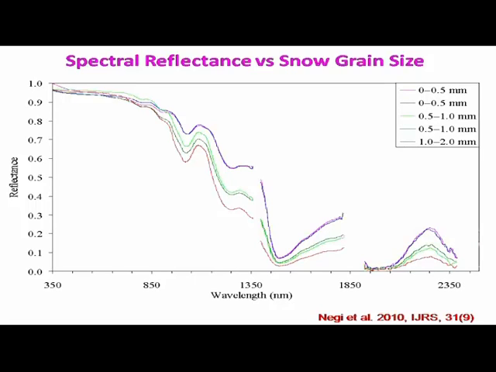Secondly, what we have observed in the SWIR region, that is from 1600 onwards, is that it is more sensitive for the fresh snow, when it converts from dendrite to medium snow grain size.